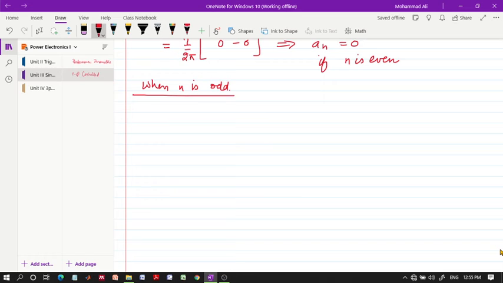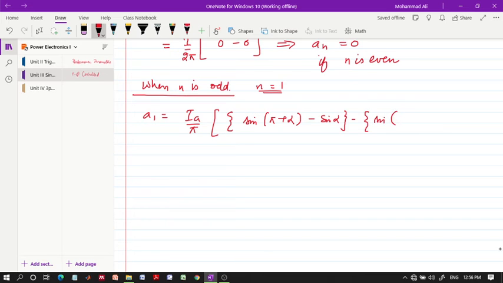So when n is odd, that means we are taking, for example, n is equal to 1. Okay. So a1 will become sine pi plus alpha minus sine of alpha. This is one part. Second part is sine 2 pi plus alpha minus sine of pi plus alpha.